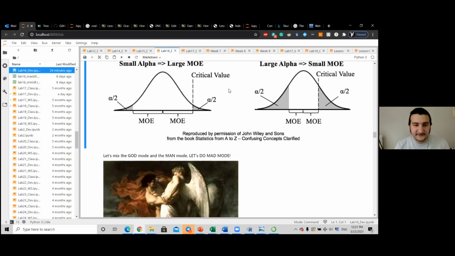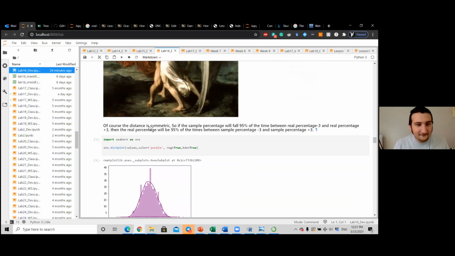we are going to mix what we understood from the God mode and what we understood from the man mode. We are going to do man mode. So, of course, the distance to the right and to the left is symmetrical.